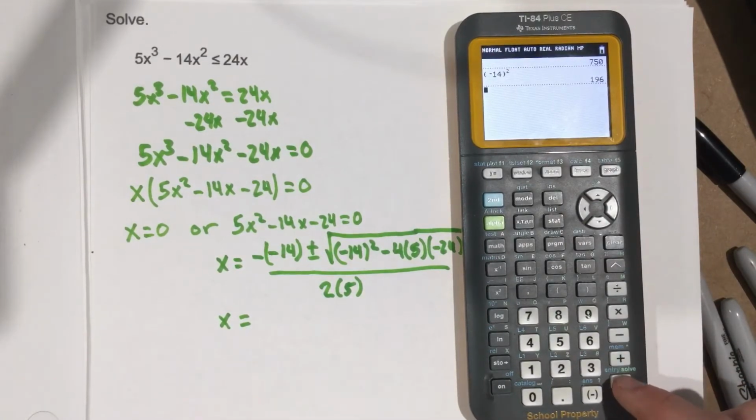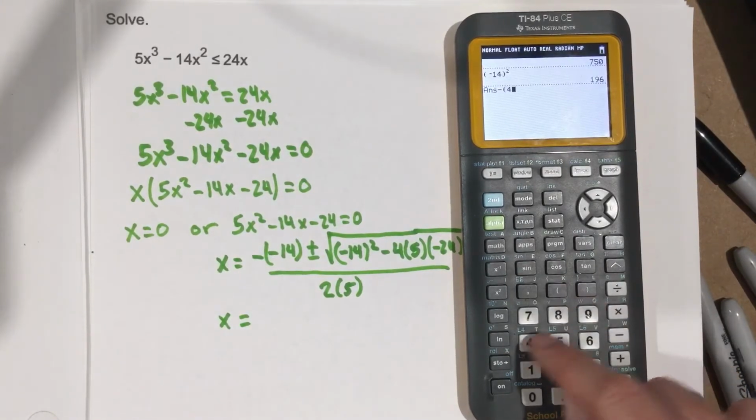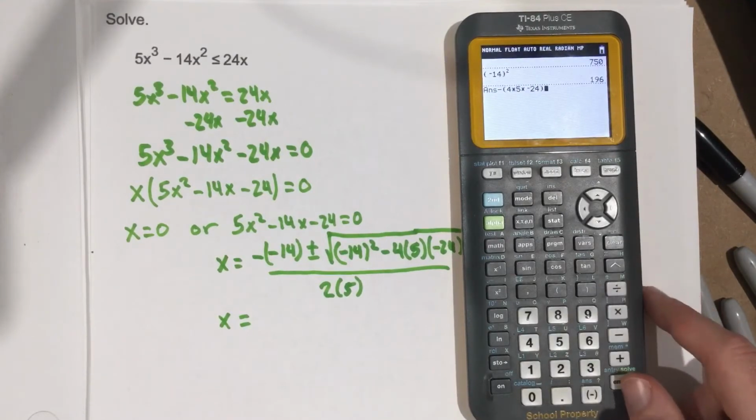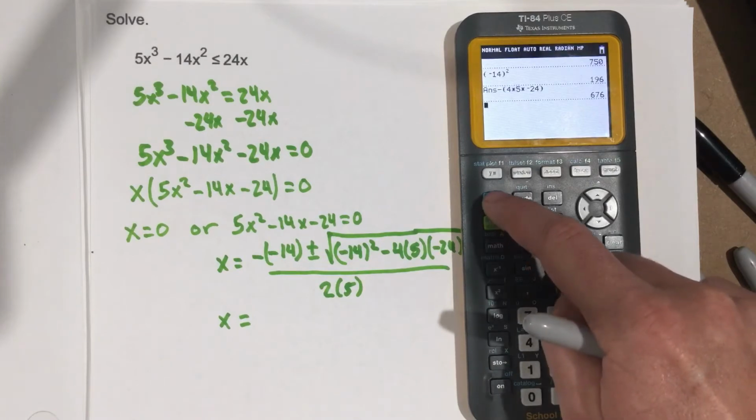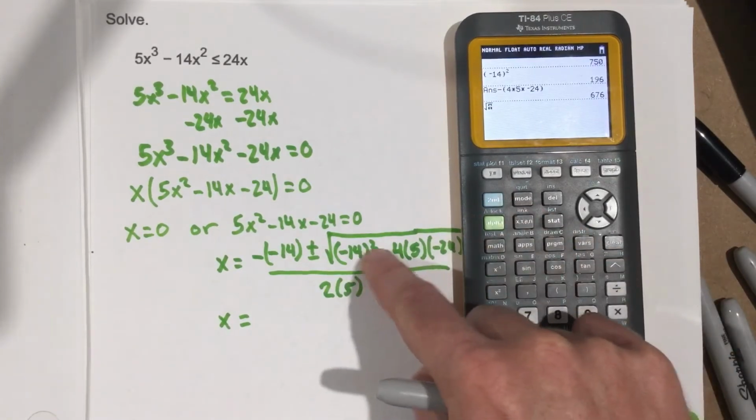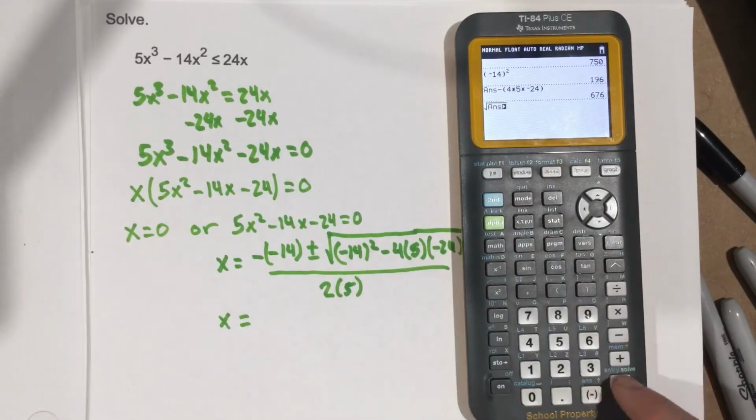All right, negative 14 squared minus 4 times 5 times negative 24. 676. I'm going to do the square root of that number because 676 is in here. I get 26.